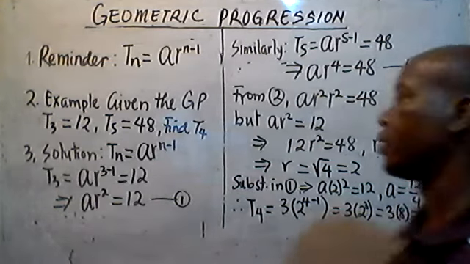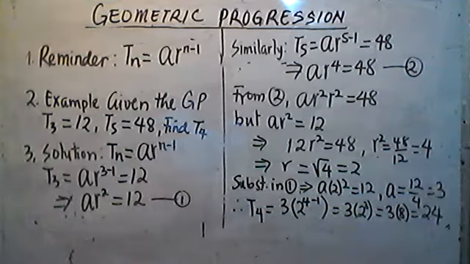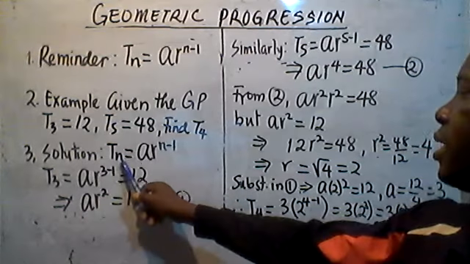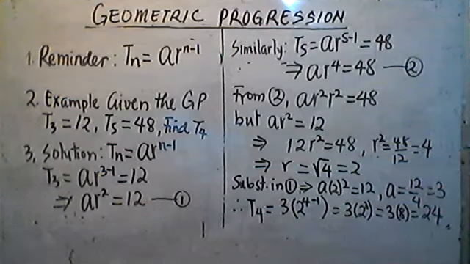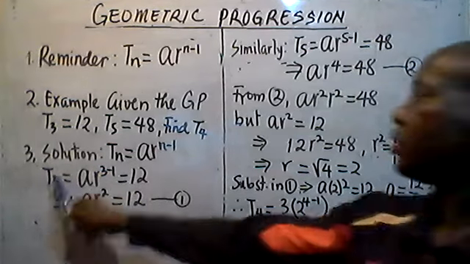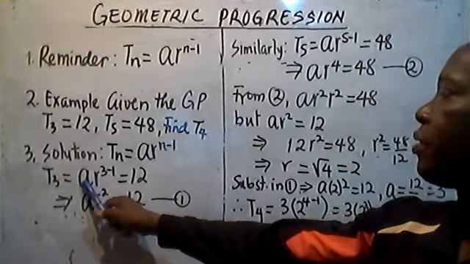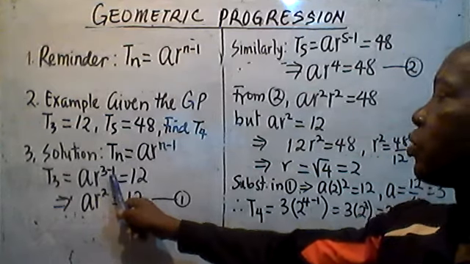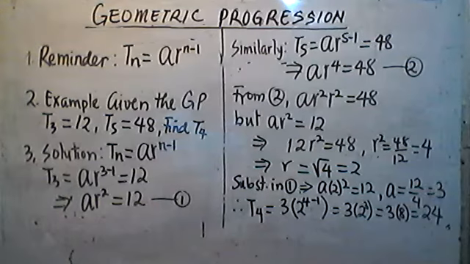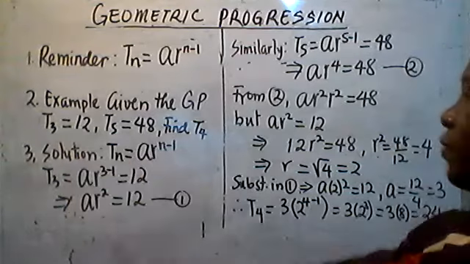Now, how do we solve it? First of all, state the formula. Tn equals ar^(n-1), which is the formula. Now, the third term is given as a (not given), r (not given), raised to power 3 minus 1, because 3 is the n, equals 12.